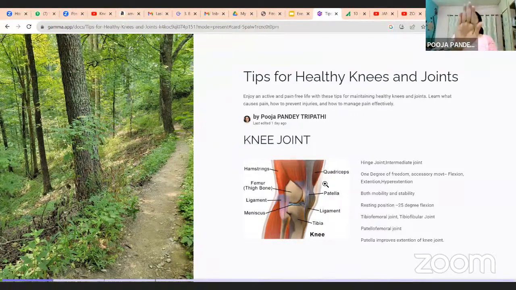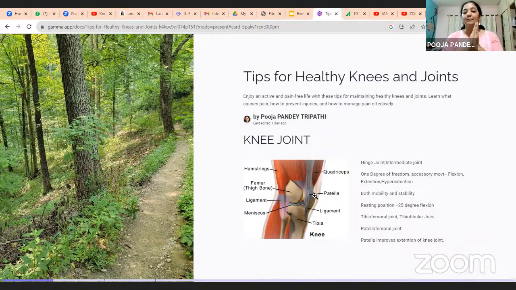When you make the knee straight, that is the quadriceps. When you flex or bend it, you use the hamstring. So this is the quadriceps, this is the hamstring, this is your femur, tibia, fibula and patella. These are the main bones and muscles. The quadriceps is a group of four muscles and the hamstring is a group of three.